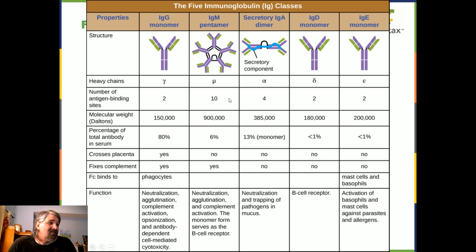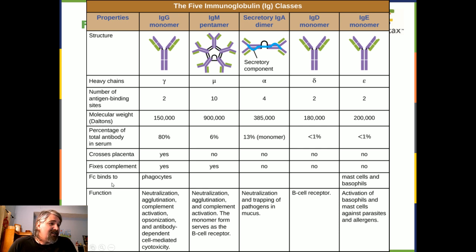IgM has 10 and secretory IgA has 4. The vast majority of circulating antibodies are IgGs, and they can cross the placenta. The rest of them cannot. And remember complement activation: IgG and IgM can do that.